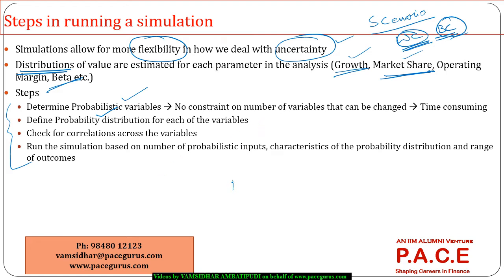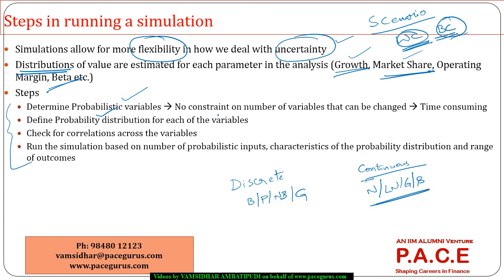So some of them could be discrete distributions like binomial, Poisson, negative binomial, geometric, whereas some of them could have continuous distributions like normal, log normal, gamma, beta kind of distribution. So that's where we may have a differentiation.